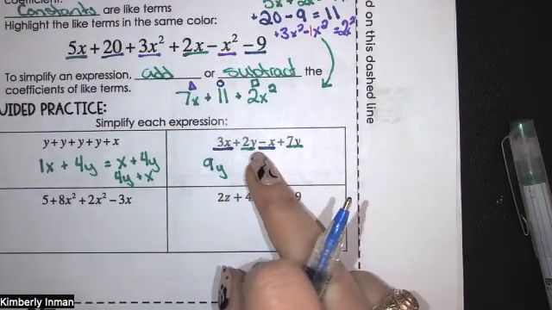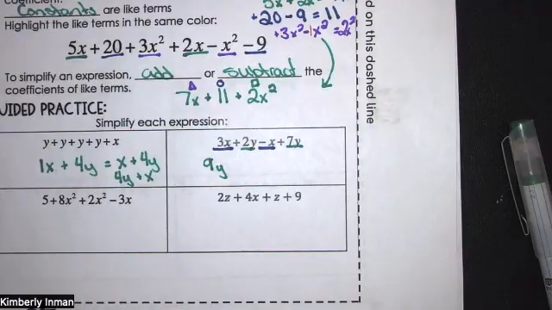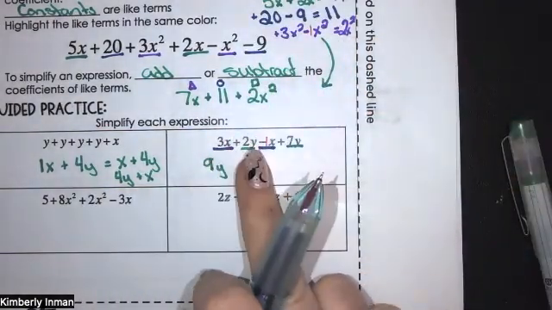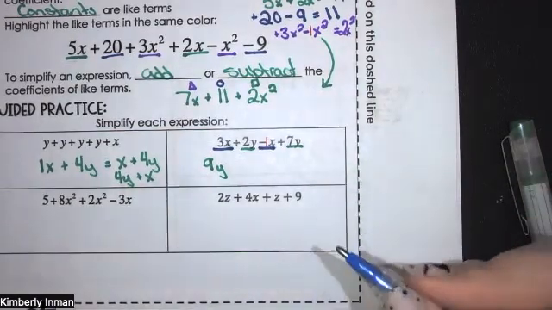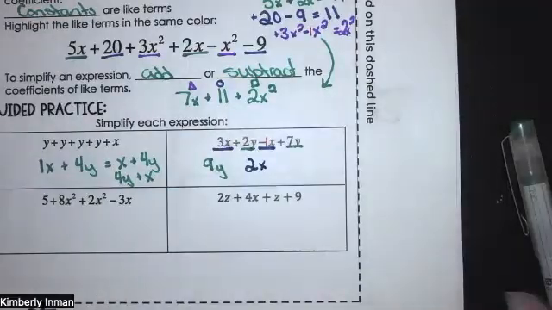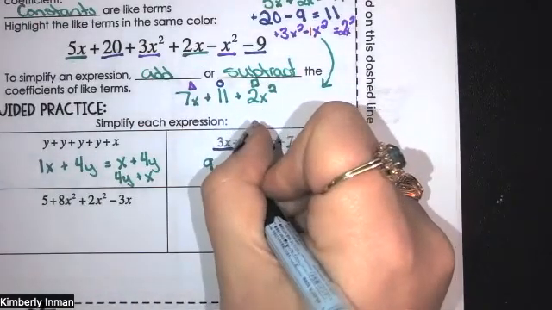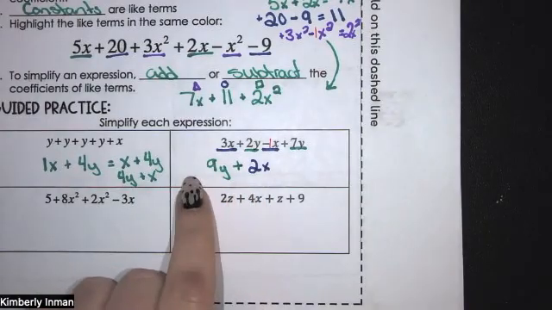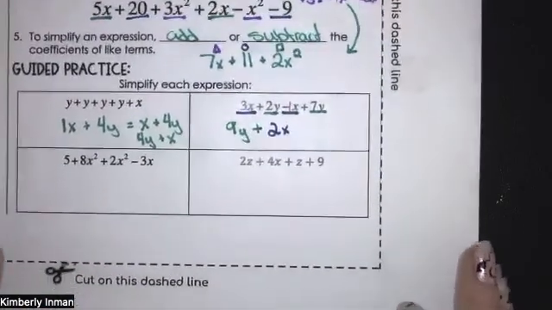How many x's are you taking away? 1. There's an invisible 1x. So you have 3, you take away 1, you end up with 2 x's. And there's positive 2 x's, so it'd be 9y plus 2x.